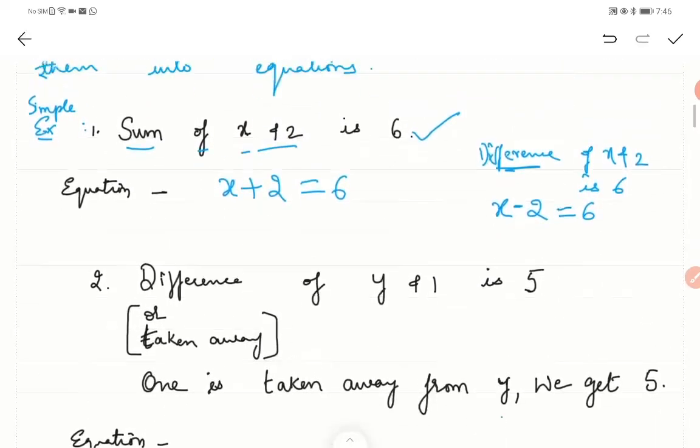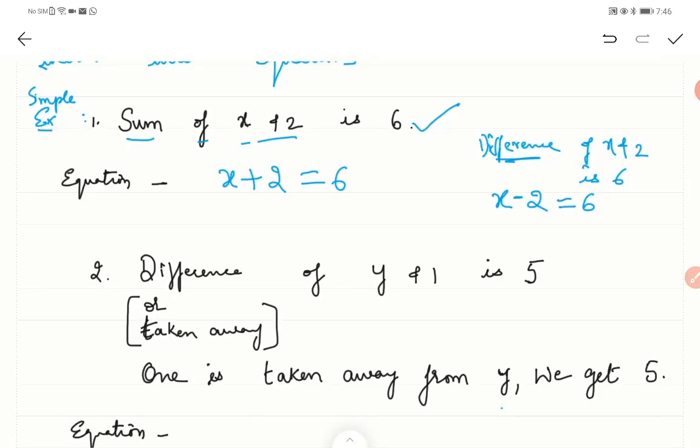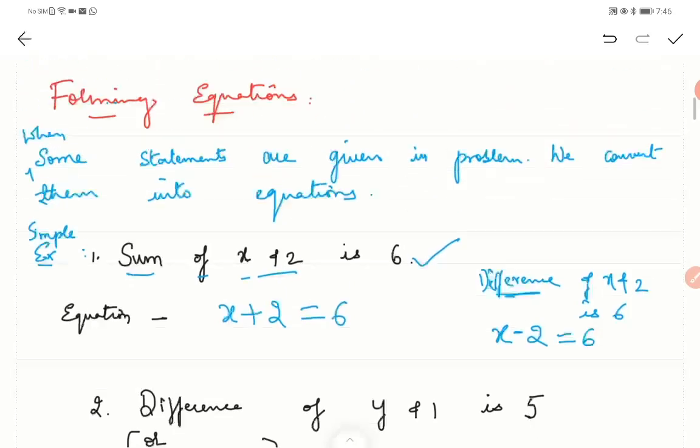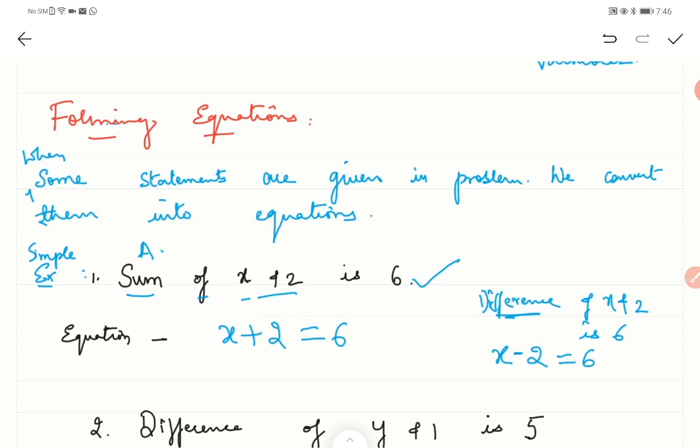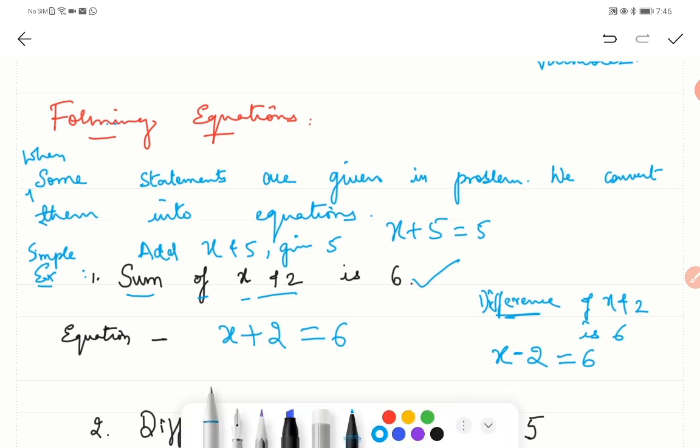Now let's move on to the sum. Or they can ask you as add x and 5, which is giving 5, okay? That means x plus 5 is giving you 5. So statements will be given something like this. Further, I have taken different statements.